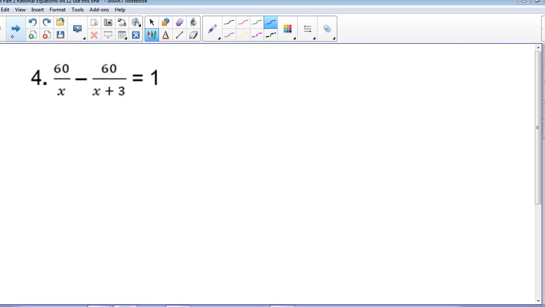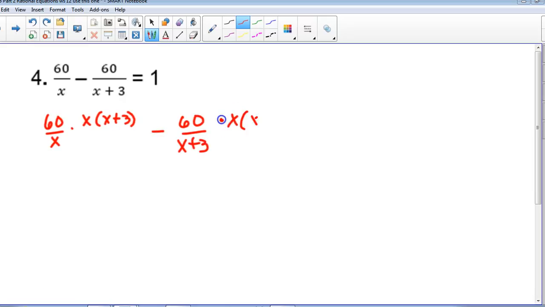All right, number 4. This isn't too bad. What are we going to multiply through by? Okay, so 60 over x times an x and an x plus 3. I'm writing it all out again this time. 60 over x plus 3 times an x and an x plus 3 equals 1 times an x and an x plus 3.